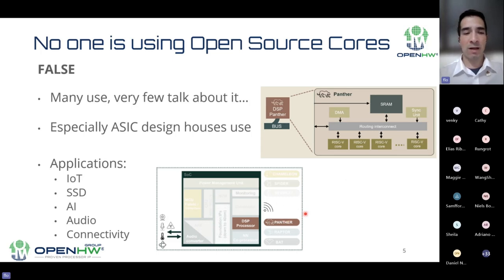So here, for example, I have a sample application from one of our friends, Dolphin Design, a really cool design house based in France, in Europe. They are offering this kind of processing platform. It's like a microcontroller application, and their customers can order ASICs based on the platform.